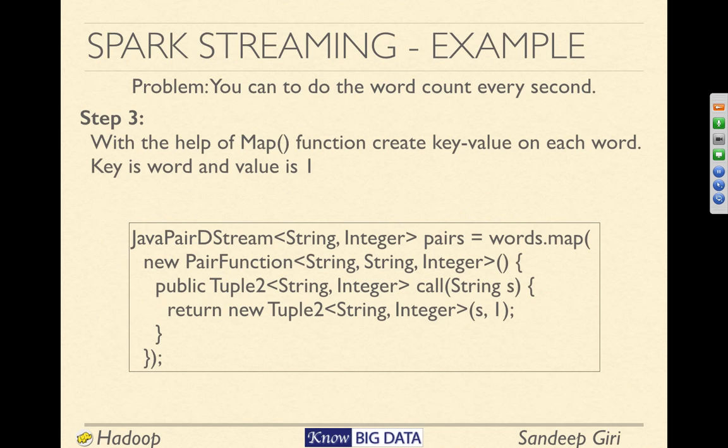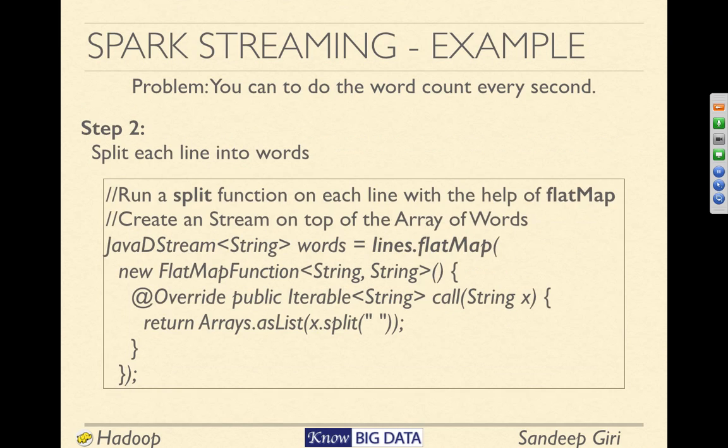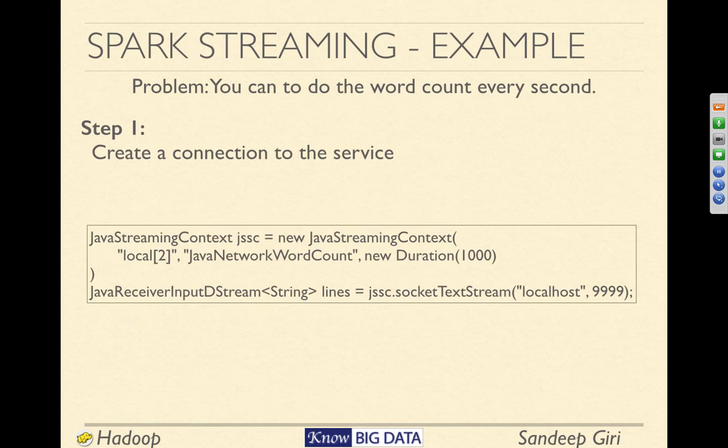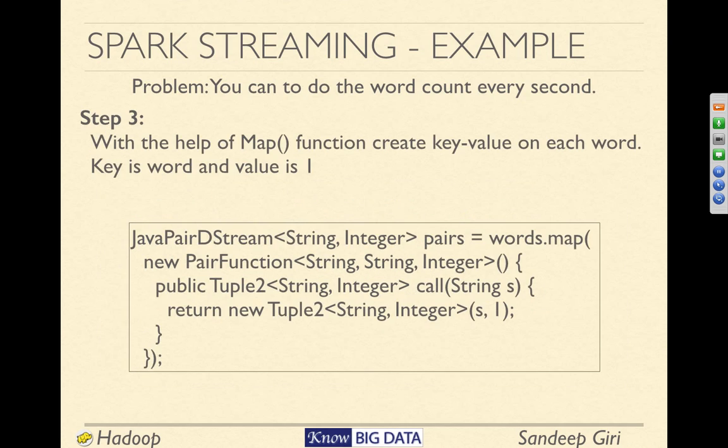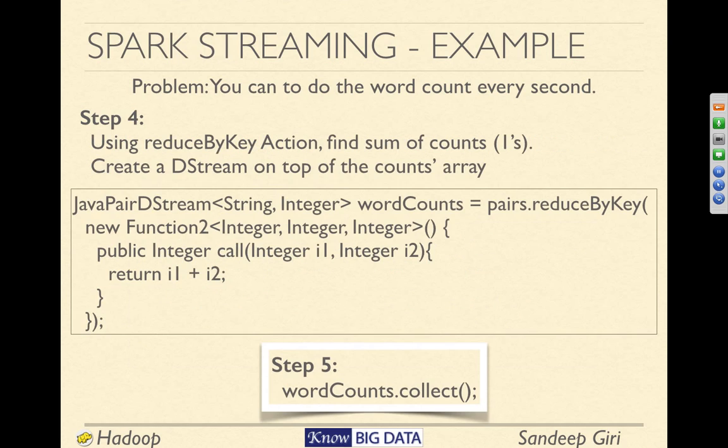So basically, whatever data is coming into each window, we are applying flat map, meaning converting those lines into words. Next, we are converting that into a tuple of the word as key and the values, exactly the way we had demonstrated earlier.